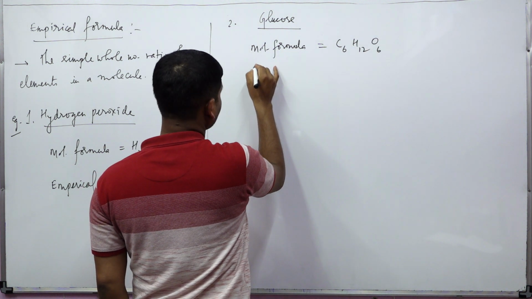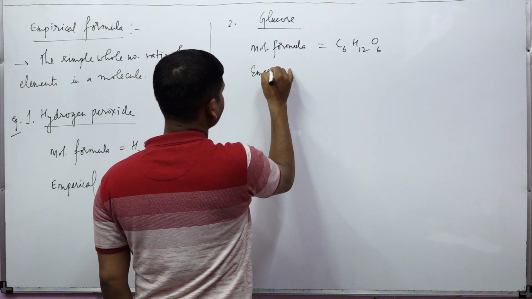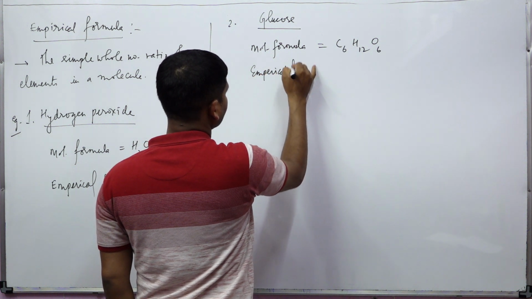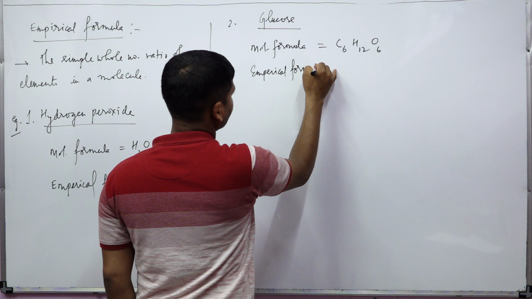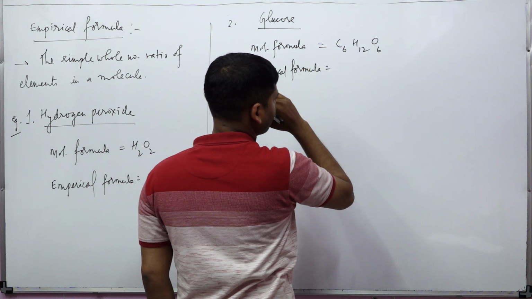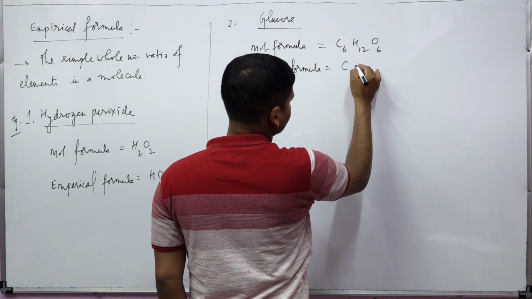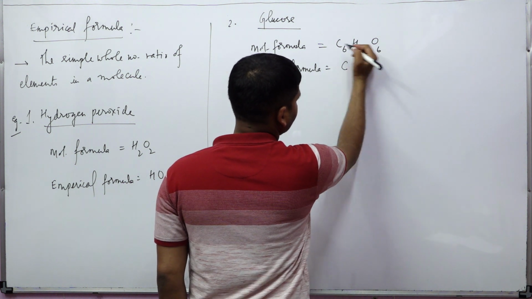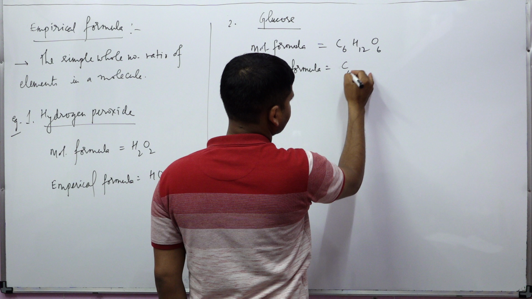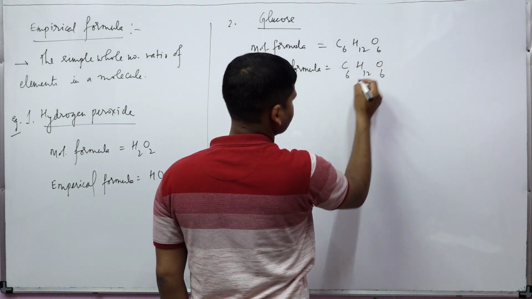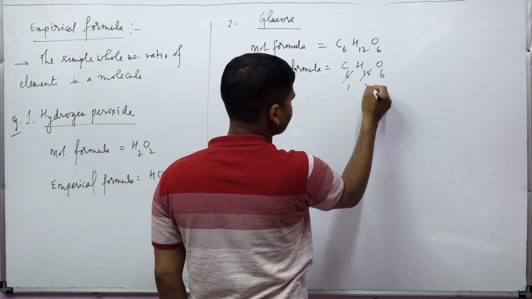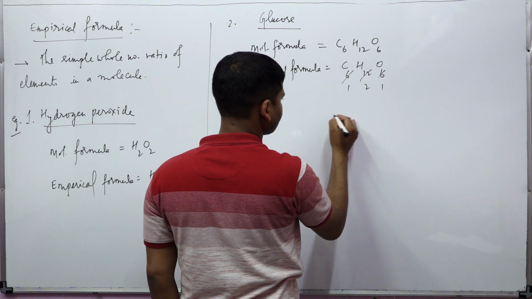Then the empirical formula would be: C6H12O6, 6 1 is 6, 6 2 is 12, 6 1 is 6.